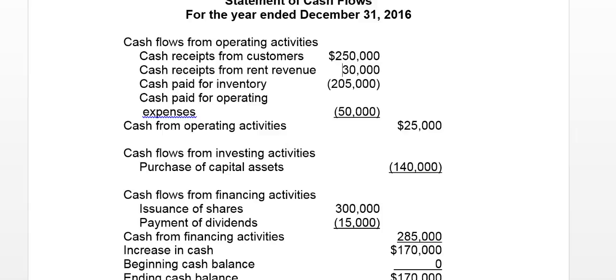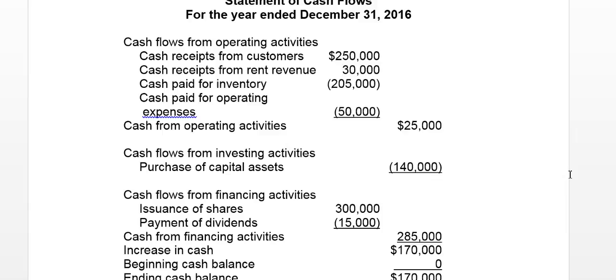So we don't differentiate in the cash flow statement those assets that are depreciable and not depreciable if they're capital, but we do differentiate them on the balance sheet because some are depreciated and some are not. But on the cash flow statement, we bought a whole whack of capital assets, so whether they're depreciable or not, we're just saying, hey, we paid $140,000 to buy them. So that was our cash outflow.